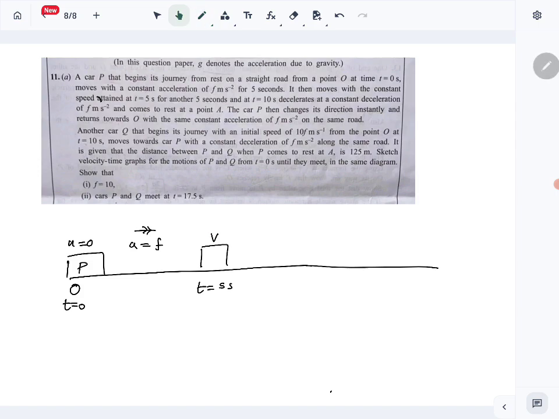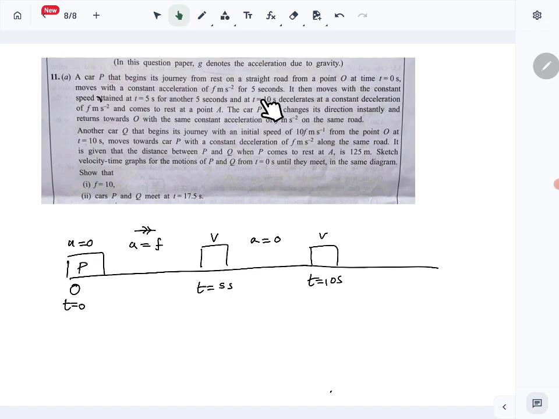Let's say that speed is v. We will find that later on. And it then moves with that constant speed for another 5 seconds. So at t equals 10 seconds, in this section, acceleration is 0, constant speed.